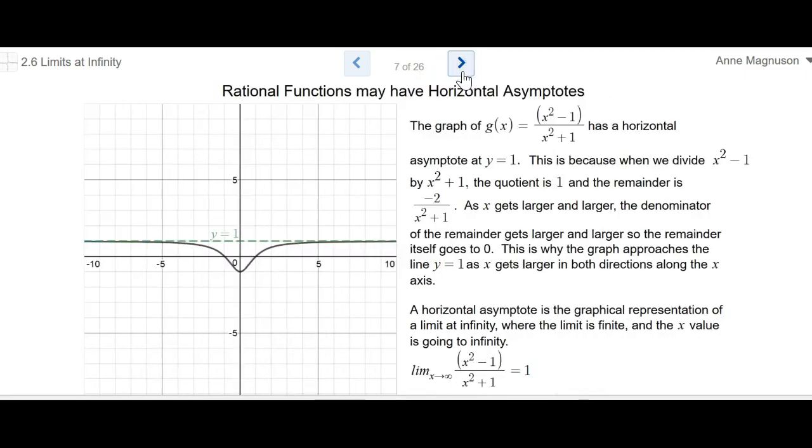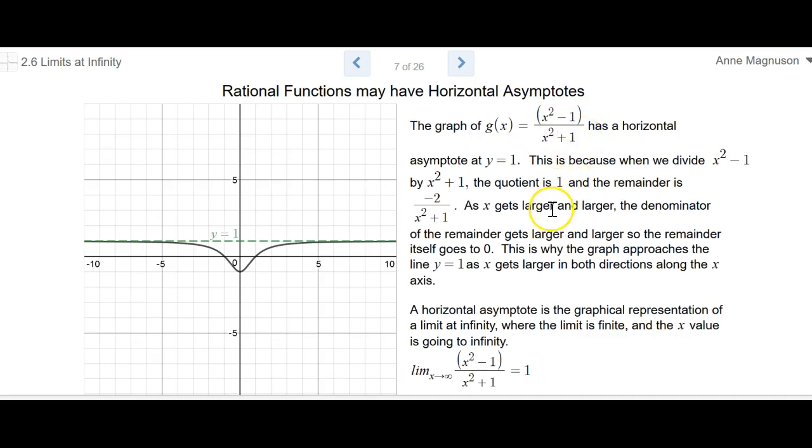So you may recall that rational functions may have horizontal asymptotes. Here's an example of a rational function. And when we graph it, we see it has a horizontal asymptote at y equals 1. And the reason that occurs is, if you remember doing polynomial division, this rational function is really just the result of dividing x squared minus 1 by x squared plus 1.